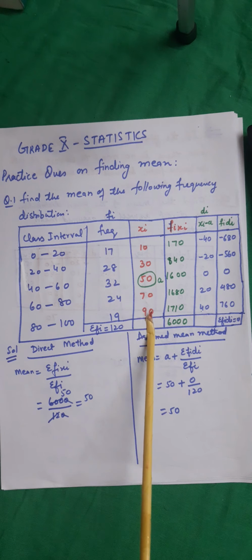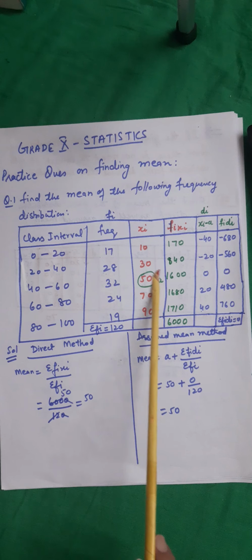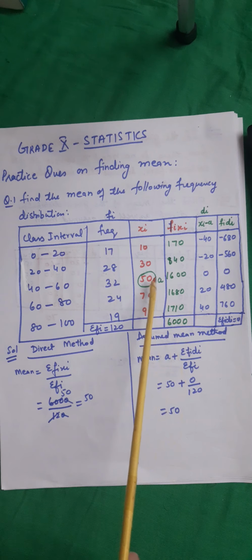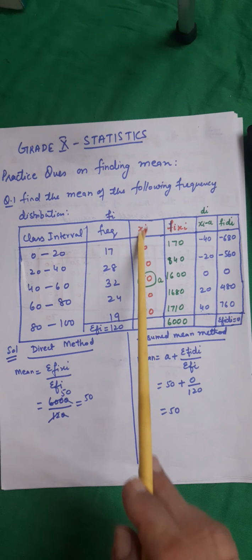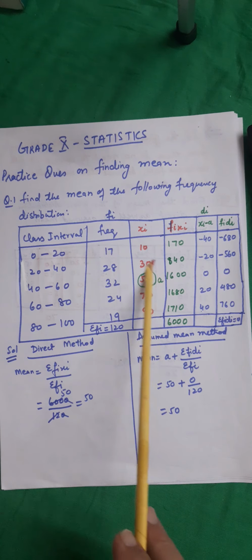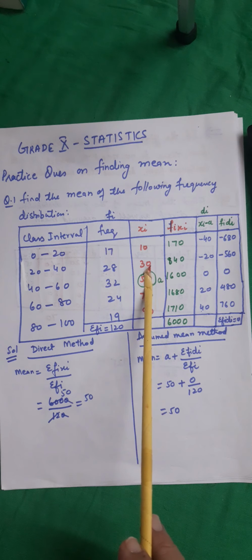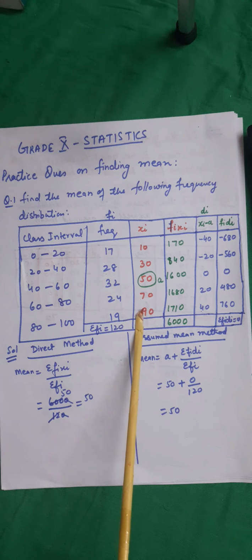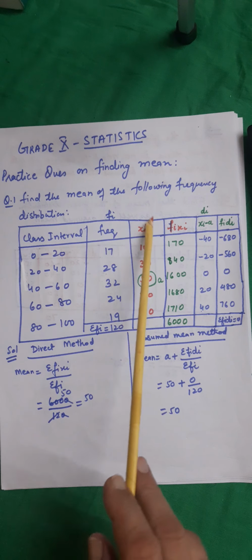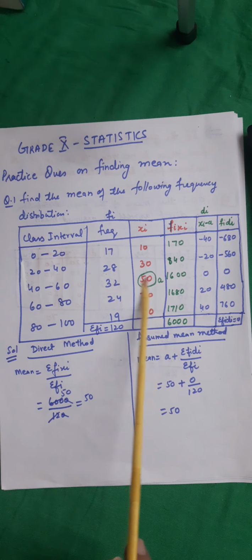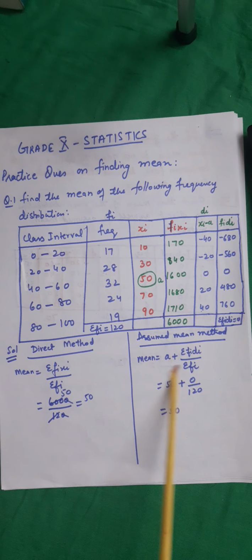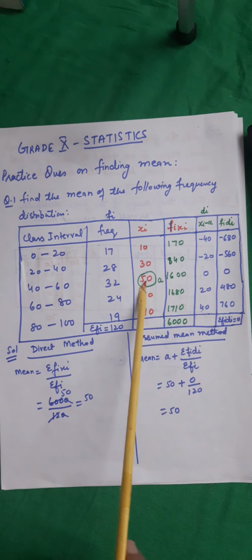Okay. So if there were an even number of terms, then you will have two terms in the middle. Out of that you can take any one. So since here there were an odd number of intervals and an odd number of xi's, the middle one has been taken as the assumed mean.